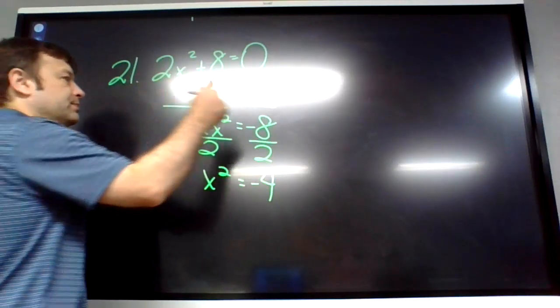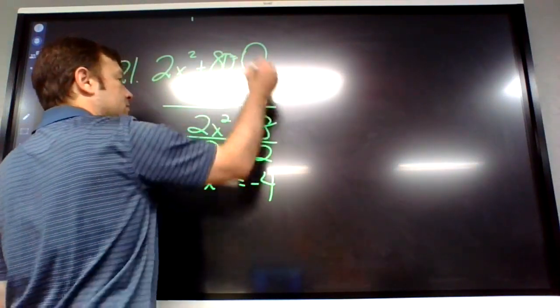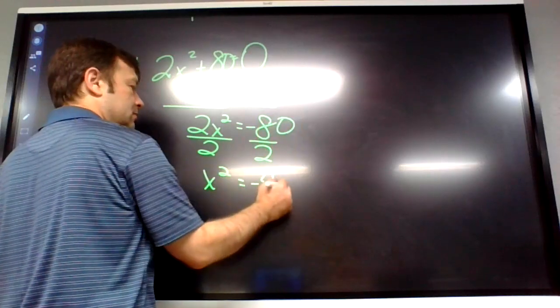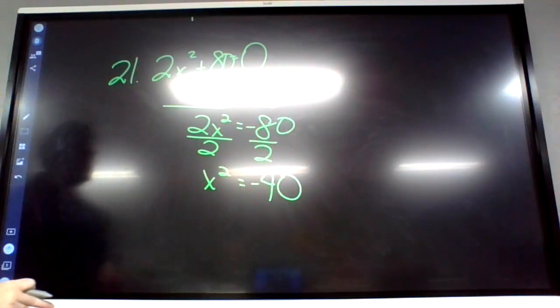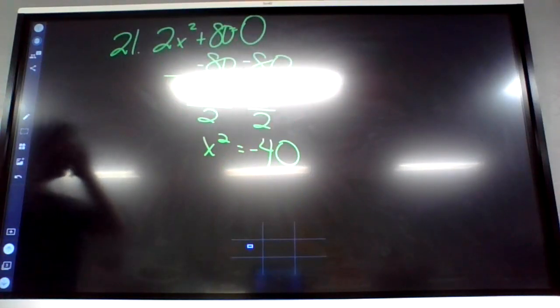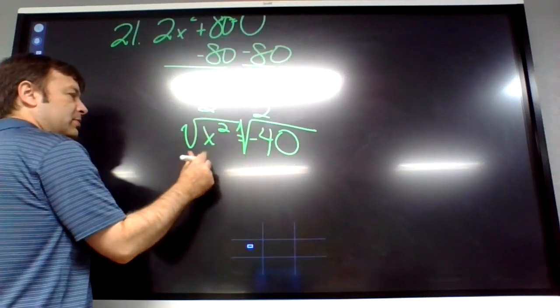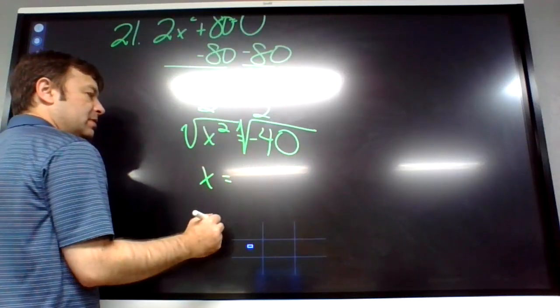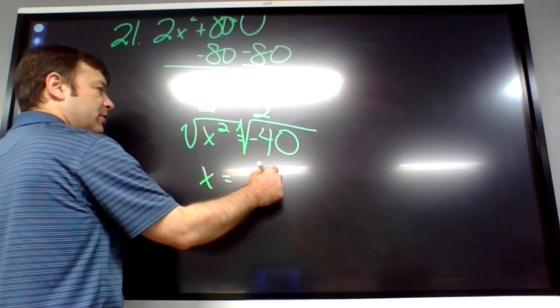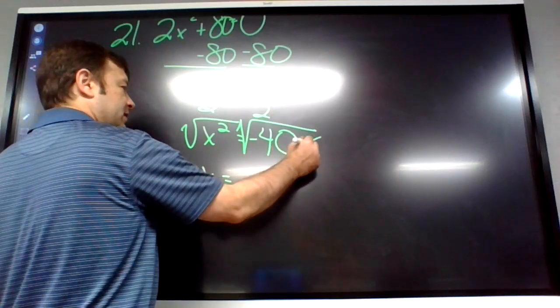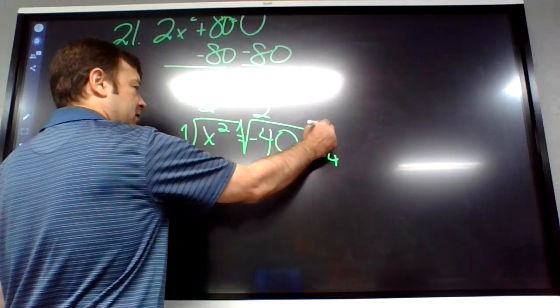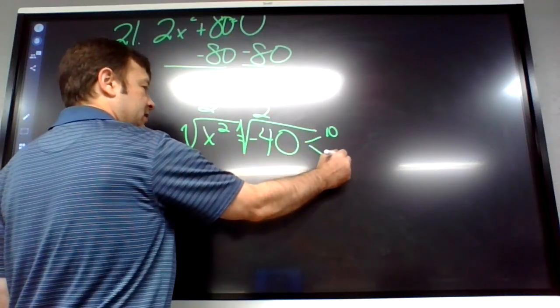80. Oh, yeah. Okay, now what? Square root. It's imaginary. Does square root of 40 simplify? Not completely, but yes, it does.